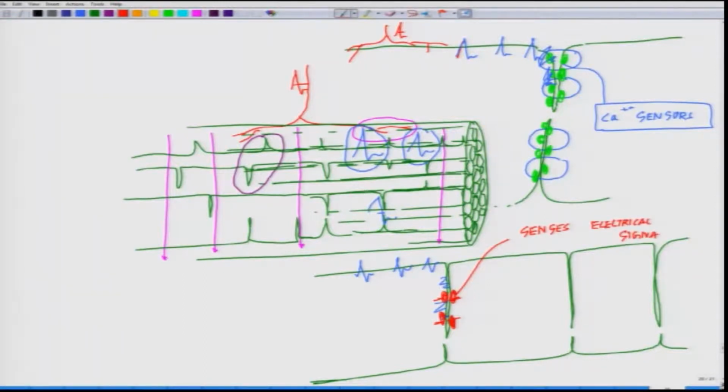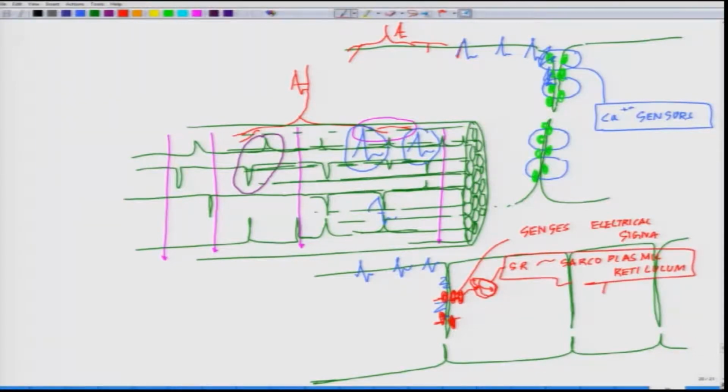and part of this dihydropyridine and ryanodine, which is still not very clear, is attached to an organelle within these called SR or sarcoplasmic reticulum.